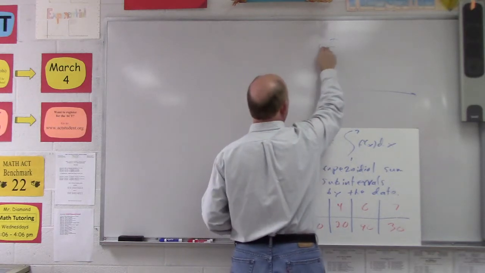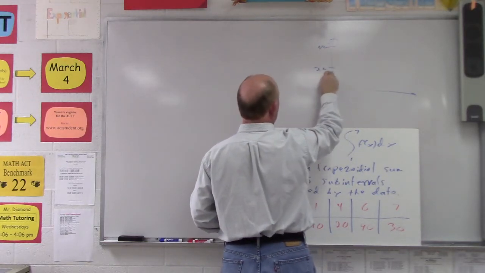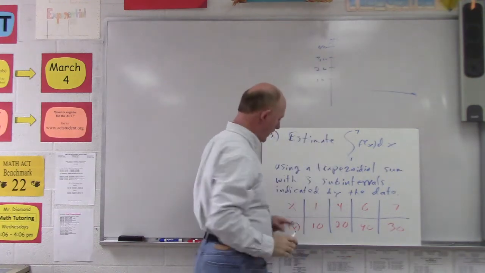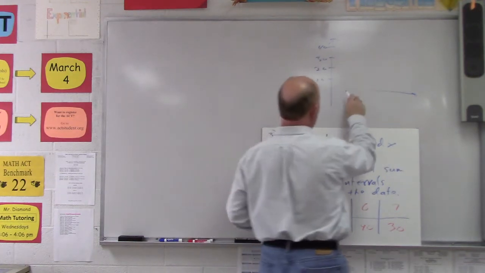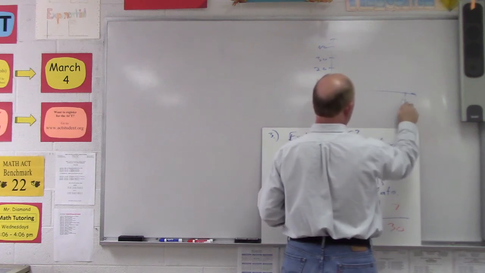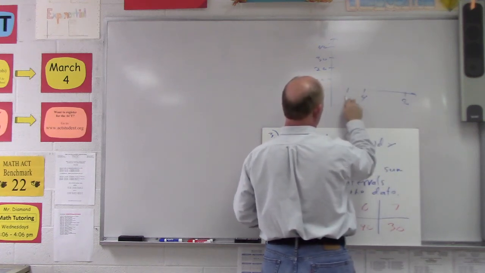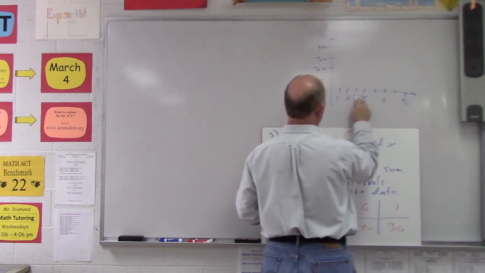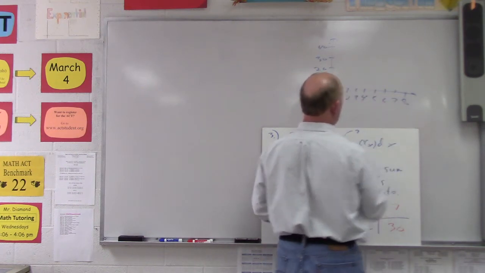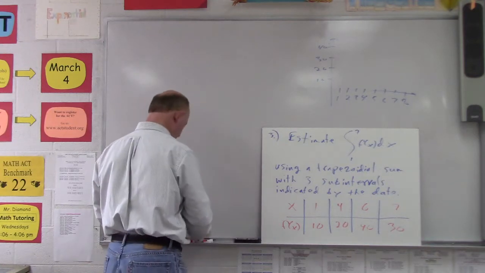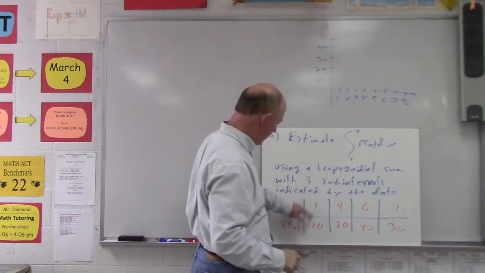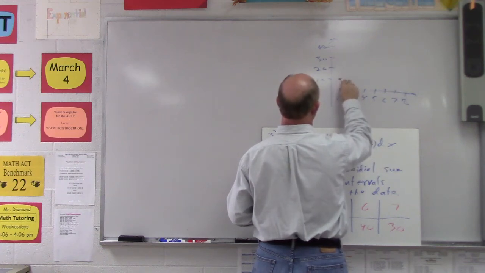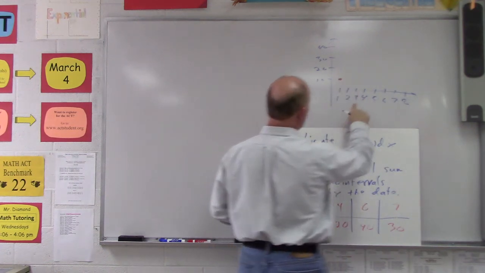So 40 here, 20, 10, and 30, and then we go from 1 to 7 on the x-axis. Now, first point is at 1, 10. Next would be 4, 20.